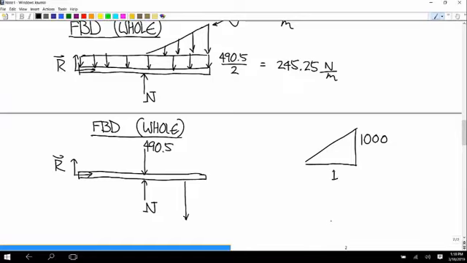So the total area is 1,000 times 1 divided by 2. So 500. It's the area, base times height over 2. And the centroid of a triangle is a third of the way from the wall side to the point side.